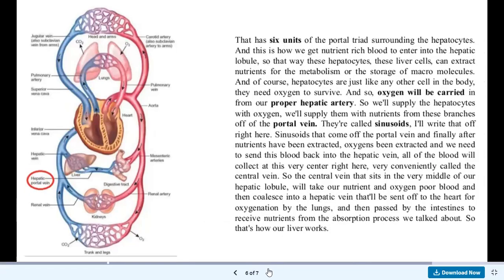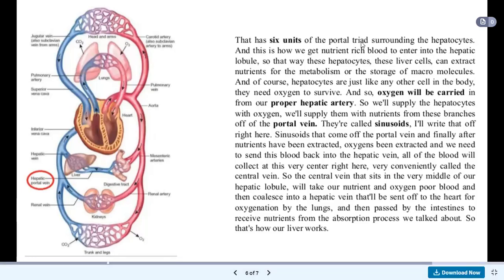Good. So the hepatic lobule has 6 units of the portal triad surrounding the hepatocytes. This is how nutrient-rich blood enters the hepatic lobule, so that these liver cells can extract nutrients for metabolism or the storage of macromolecules.